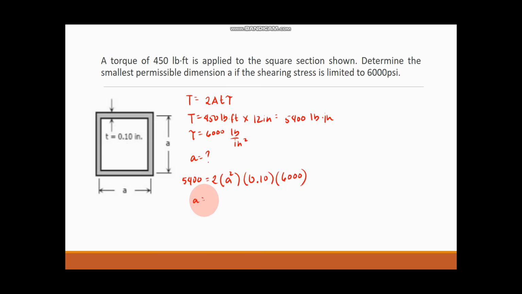Therefore, A is equal to the square root of 5,400 all over 2 times 0.1 times 6,000. So it is equal to 2.12 inches. So this would be the final answer.